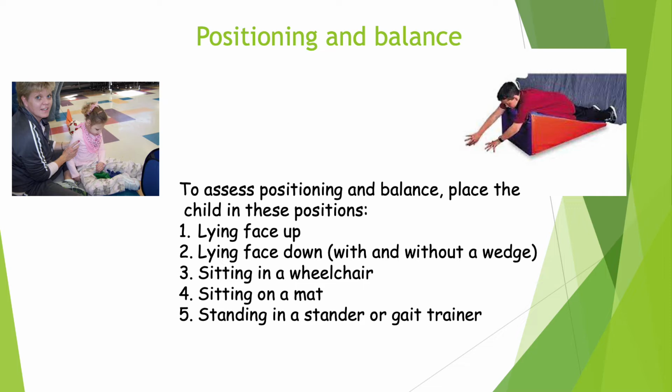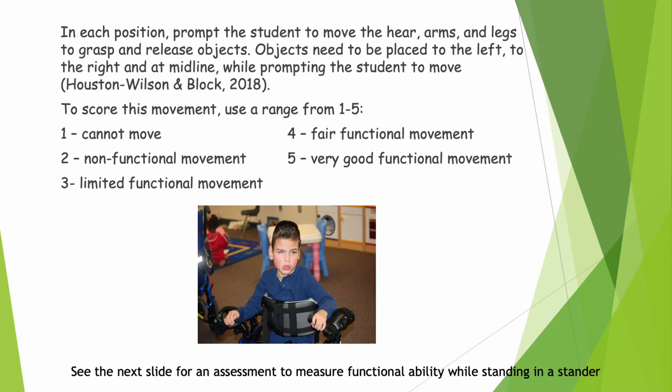In each position, we would prompt the student to move the head, arms, and legs, and to grasp and release objects. It's important to prompt the student to move when objects are positioned or presented to the left, to the right, and at midline. And then you'd record the results to determine which position promotes the best functional movement.